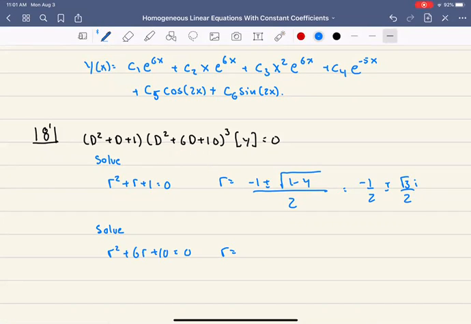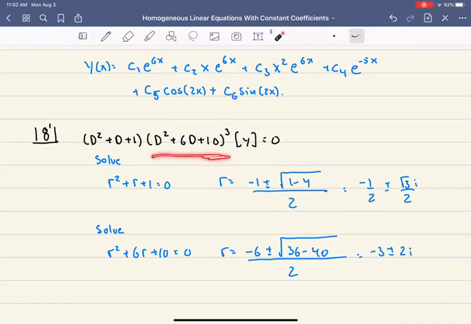So there we're going to get r equals negative 6 plus or minus square root of 36 minus 40 over 2. So that's going to be -3 plus or minus 2i. Now, one thing that's interesting, that one's going to have cubed. Okay, so that's one of the things that's interesting here.